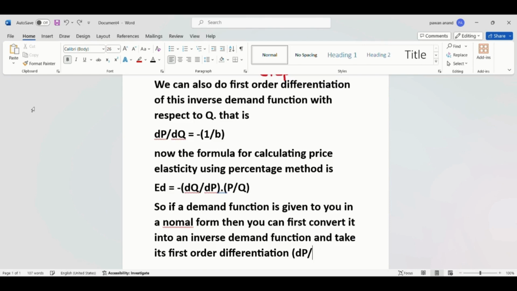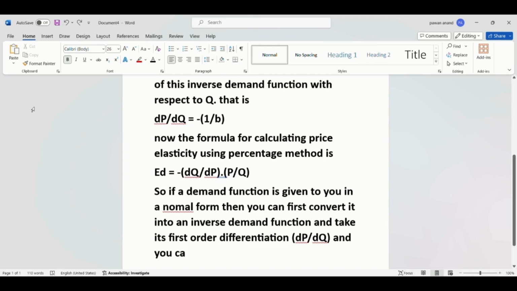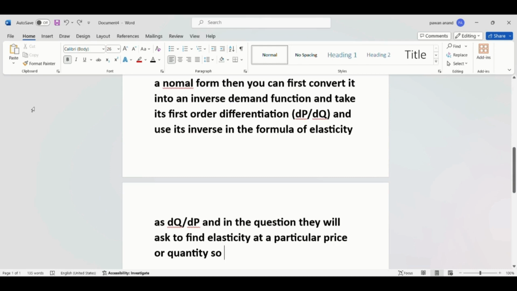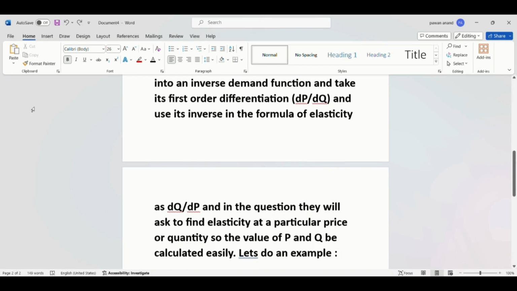This is dP by dQ, and you can use its inverse, that is dQ by dP, in the formula of elasticity. In the question they will ask to find elasticity at a particular price or at a particular quantity. They can ask in both ways. So the value of P and Q can be calculated easily.